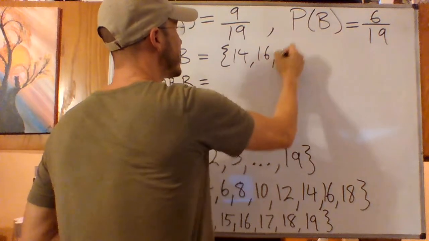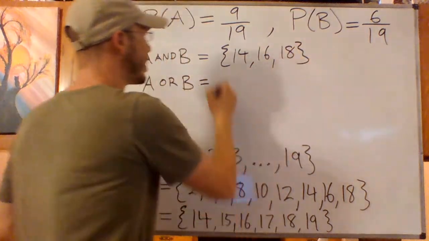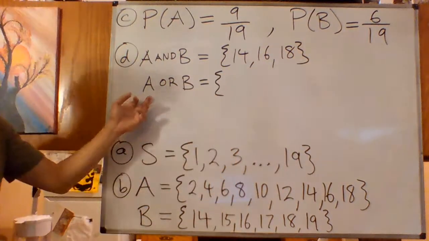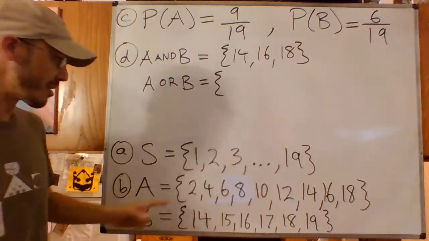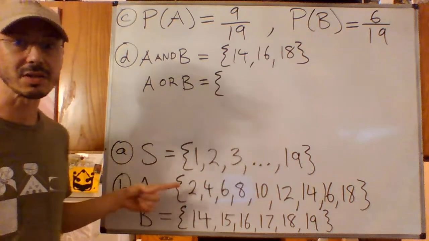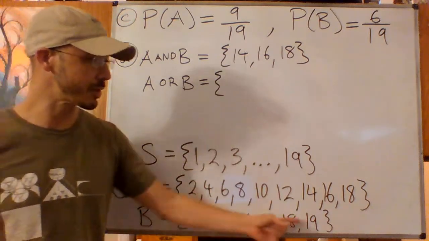And for A or B, that's in A or B or both, I've got definitely all the evens because they're in A, and then these numbers greater than 13 in here.